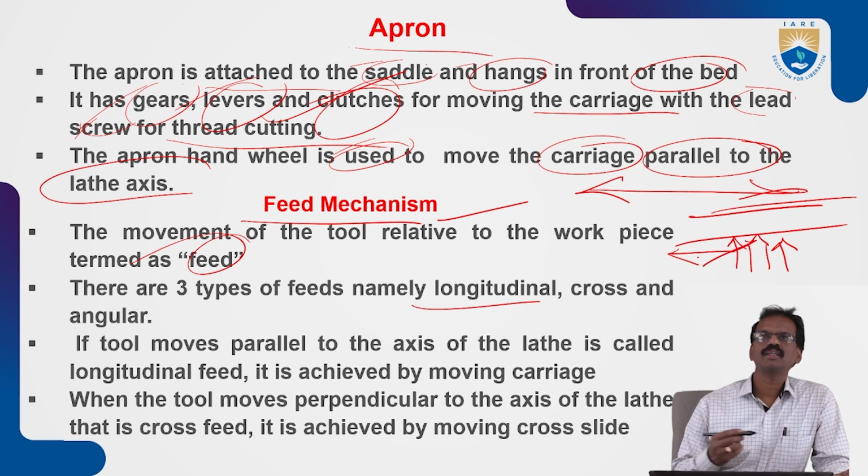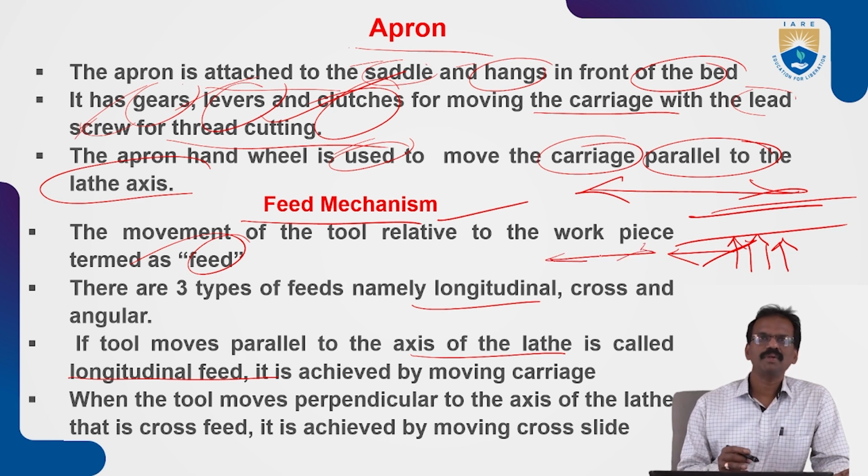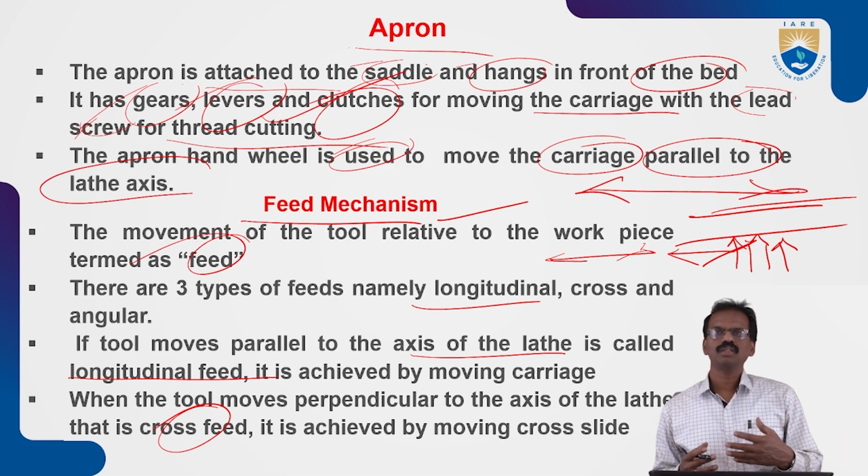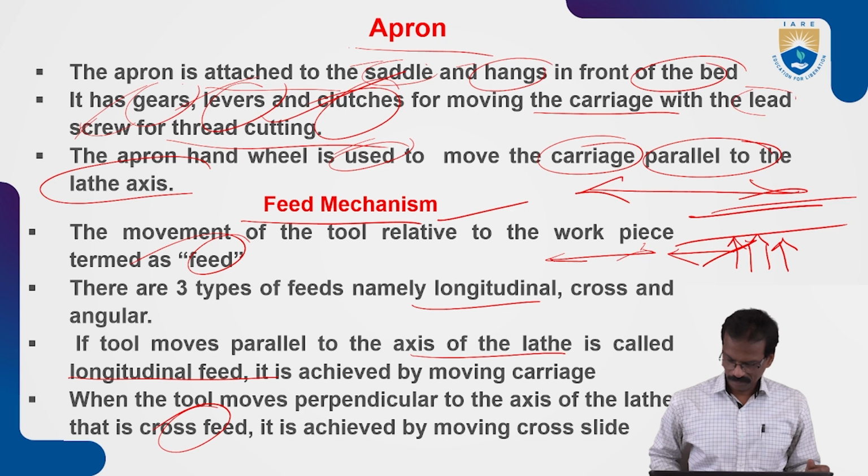Another one is the angular feeding. Okay, so when the tool moves parallel to the axis, that is called longitudinal, like this one. If it is perpendicular, that is called cross feed. If it is angular, that is by the angular movement of the tool, it occurs by the compound rest, you know this one.